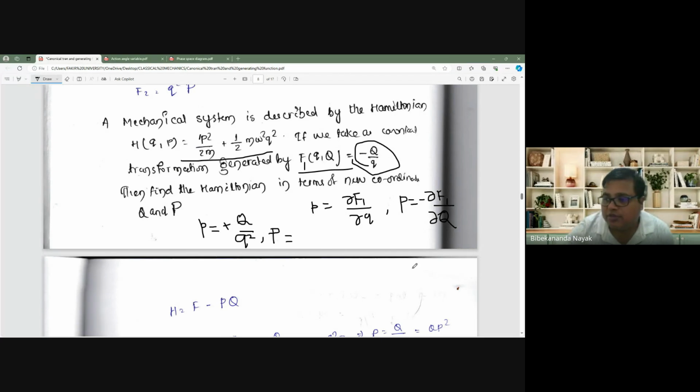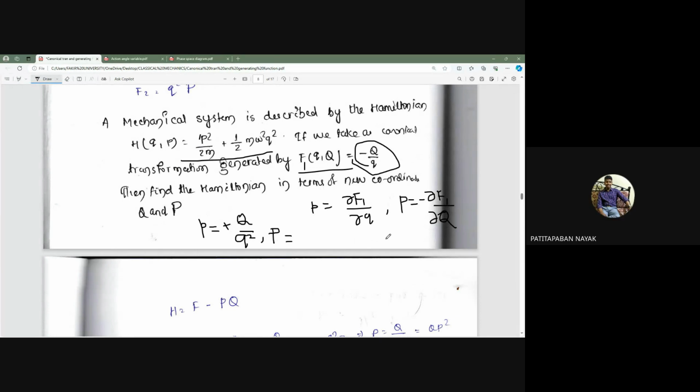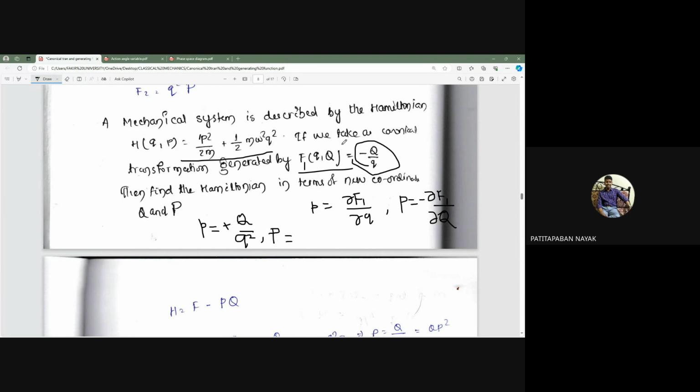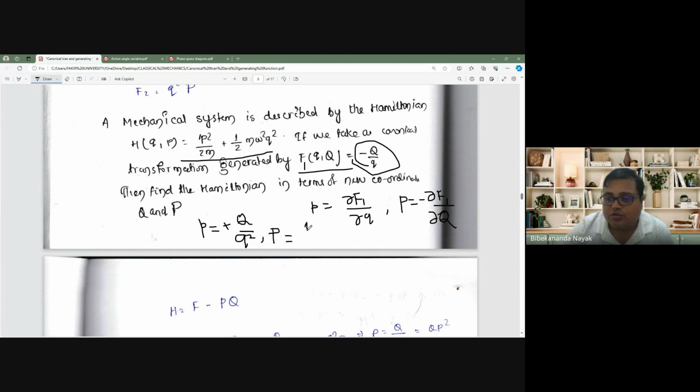Simply minus del F by del capital Q. Take its derivative with respect to minus capital Q. So minus 1 by q. Here also minus, here minus plus. So it will be plus 1 by small q.